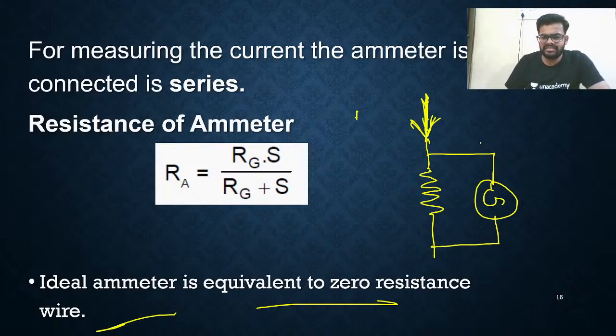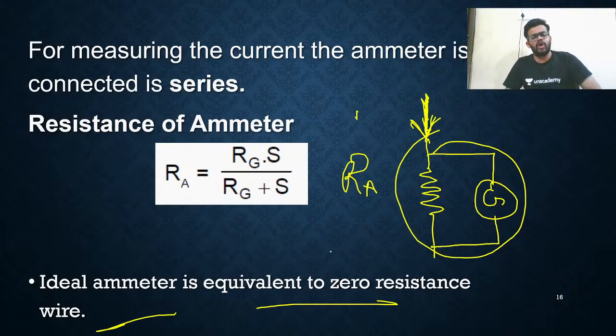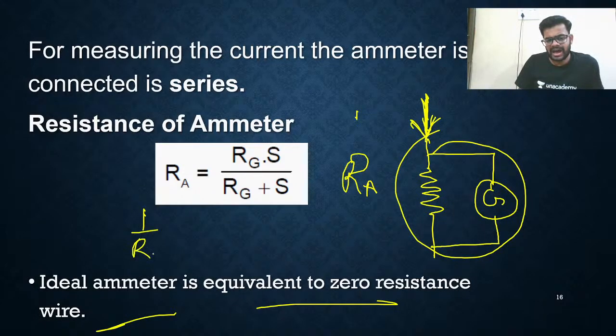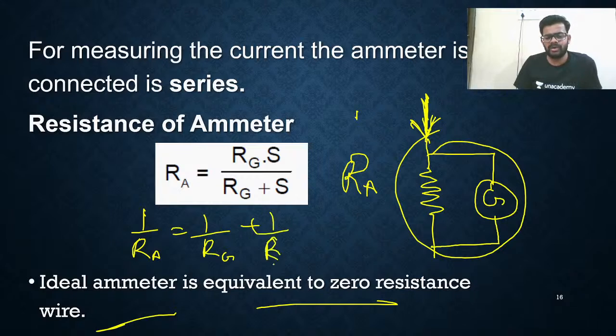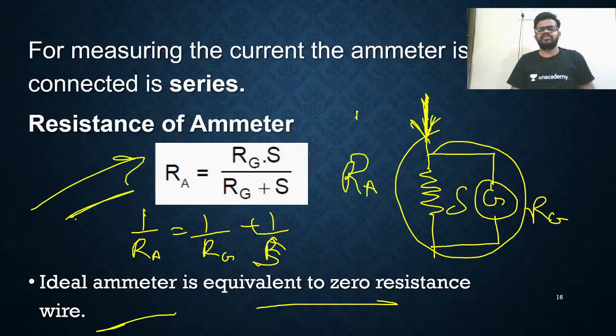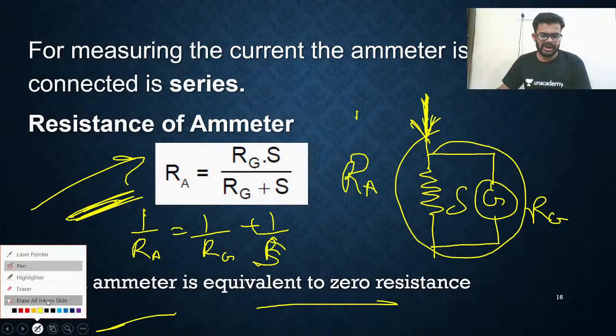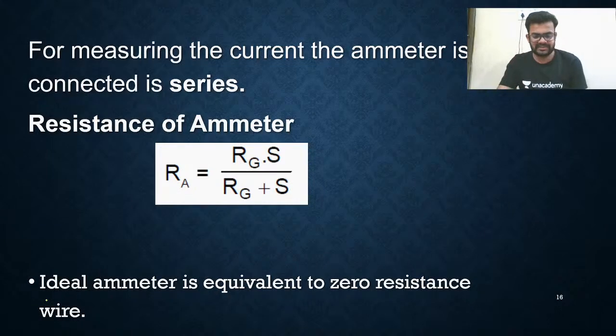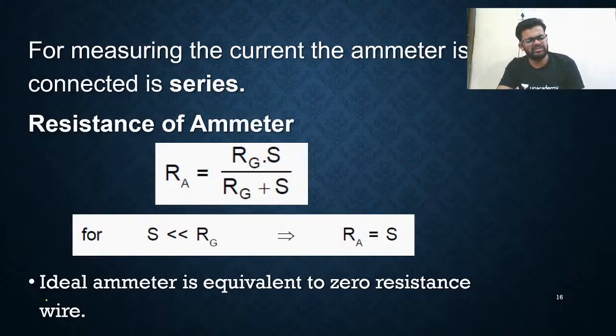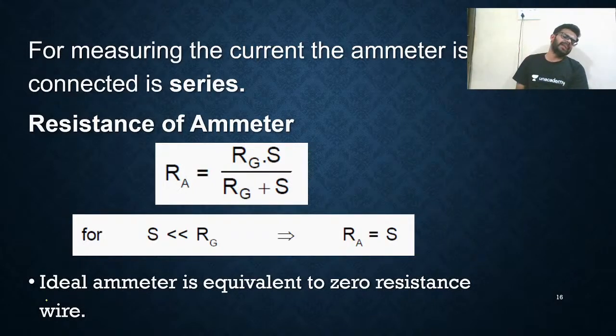Let's say the total resistance of this ammeter is RA. How can you find it? 1 upon RA is equal to 1 upon RG plus 1 upon S, because this is S and this is RG. So the resistance of the ammeter is given by S into G divided by S plus G. So, my dear friends, if the shunt is very small, it means it is leading towards an ideal ammeter.